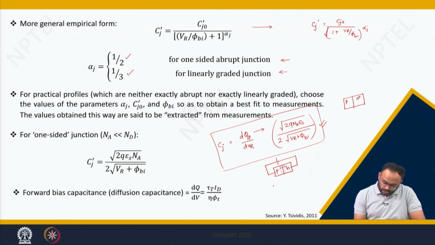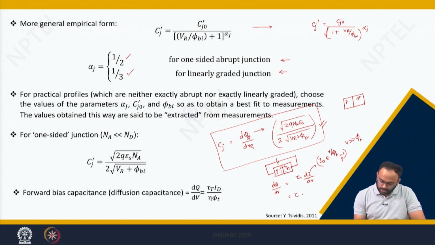So, we can calculate the total change in charge per change in voltage as tau times di by dv, where I can be rewritten as I naught e to the power of v by phi t, where we are assuming that applied v is greater than phi t, and hence the minus 1 term can be ignored.